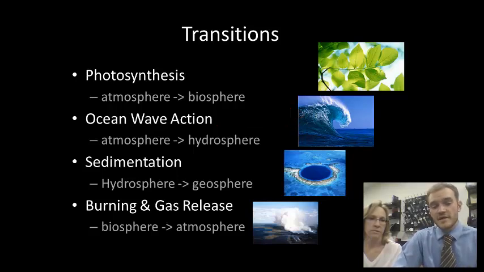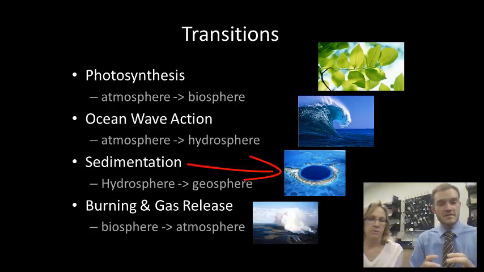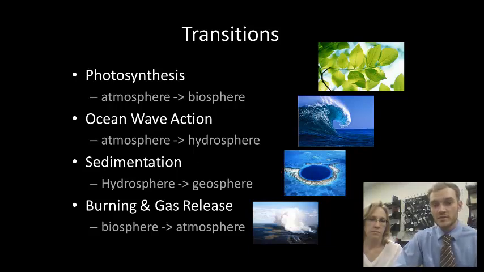Then we talked about sedimentation, where that carbon that's in the hydrosphere as carbonic acid comes out and becomes solid again, and then it joins the geosphere by becoming limestone rock. We also talked about how carbon would get from the biosphere up into the atmosphere, either from burning and turning into carbon dioxide gas, or from being released as methane.